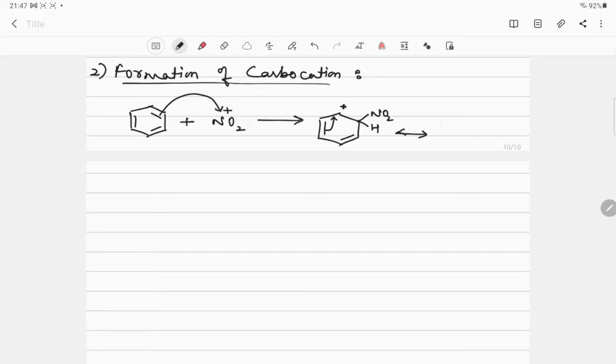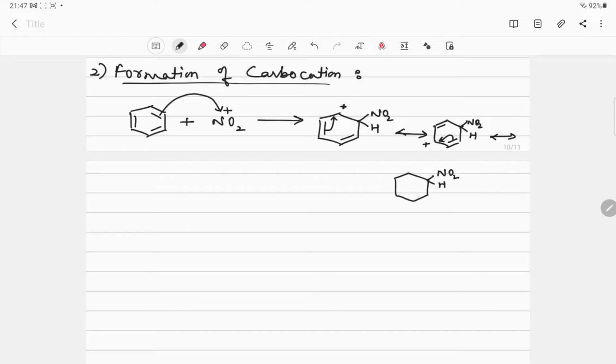So the next resonating structure will be like this. It will remain NO2 and H. Now here this pi bond will also be undisturbed, and this pi bond is shifted here. In turn this carbon will become positively charged. Now this positively charged carbon will withdraw this pair of electrons towards itself, and that's how the next structure is going to be like this.